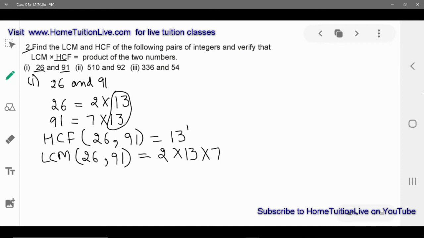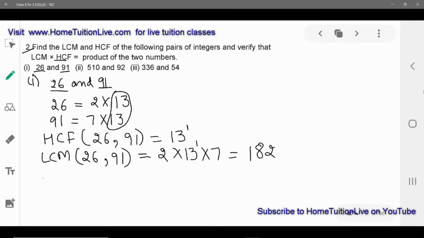The least power of this is 1, so we will take it as 1, and our LCM is 182. LCM is the number that will come in both the numbers' tables.